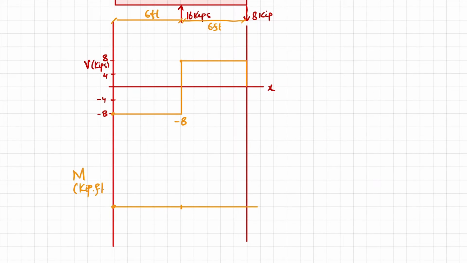I will show you again. This is its height, which is minus 8, multiplied by length 6. So 8 times 6 is 48. And since you can see that the shear area is negative, its slope will be downward.